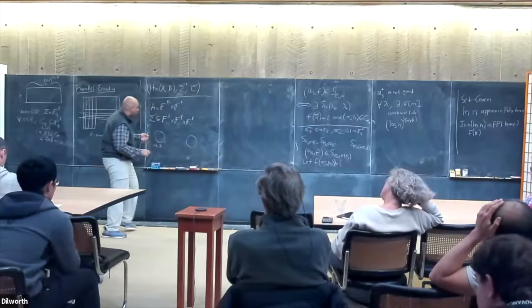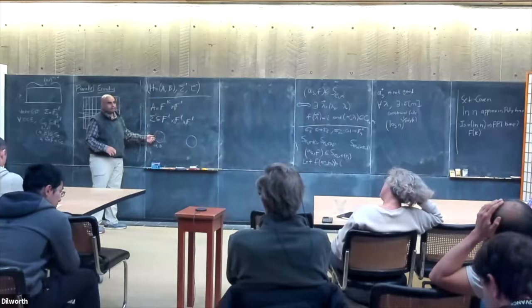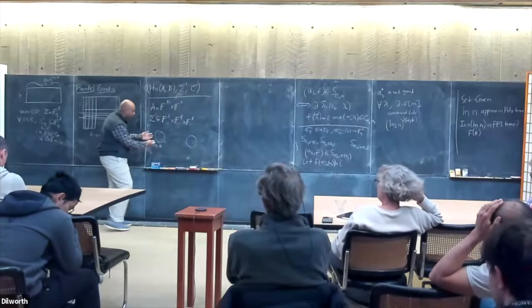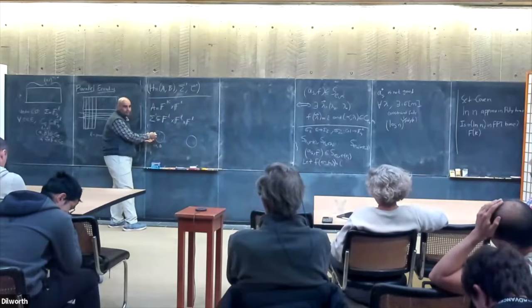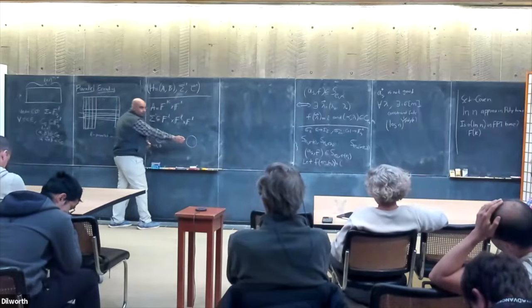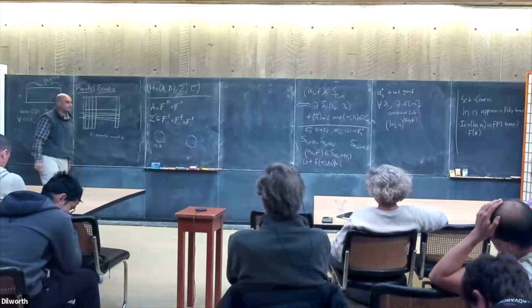So I'm simultaneously interpreting this as a CSP and as a graph, where the graph is just all the possible labels that are there, and edges correspond to consistency.